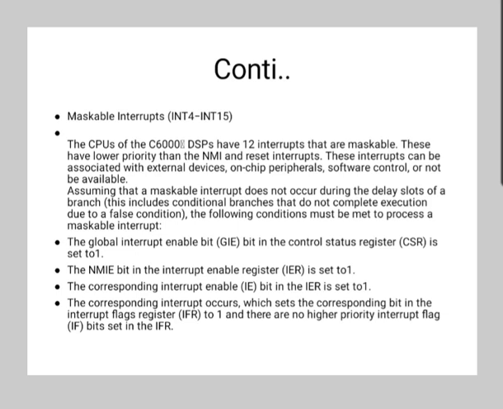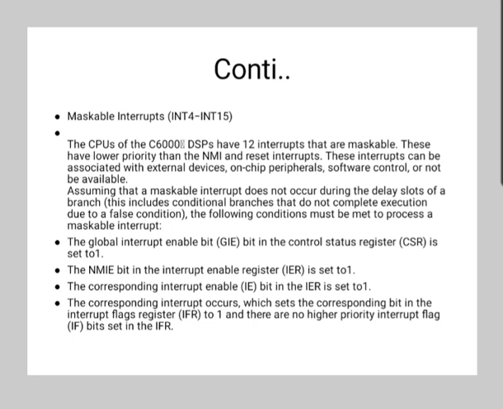The CPU of C6000 DSPs has 12 interrupts that are maskable and these have lower priority than the NMI and reset interrupts. These interrupts can be associated with external devices, on-chip peripherals, software control, or not be available. Assuming that a maskable interrupt does not occur during the delay slot of a branch, the following conditions must be met to process a maskable interrupt.